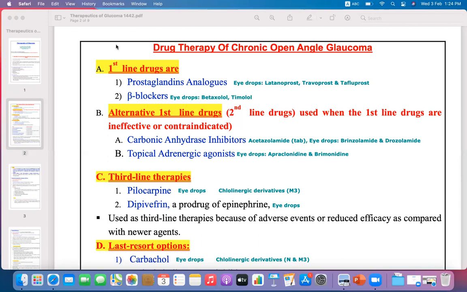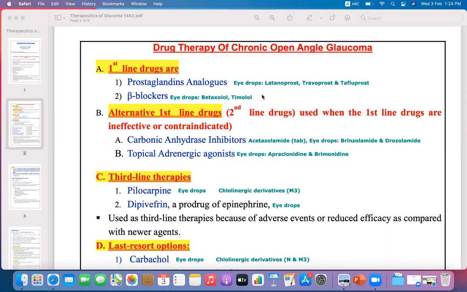Now, among the first line agents, you can select according to the patient's history. If the patient has some cardiovascular problem, or if the patient has COPD, then beta blockers should be avoided, because we know that timolol will block the beta 1 as well as beta 2 receptors.